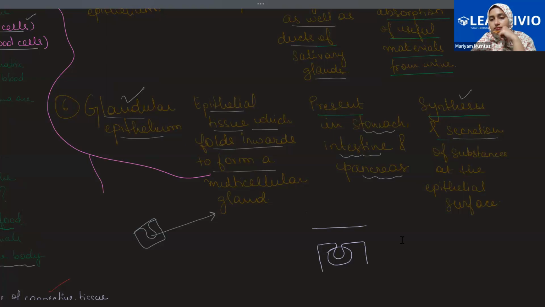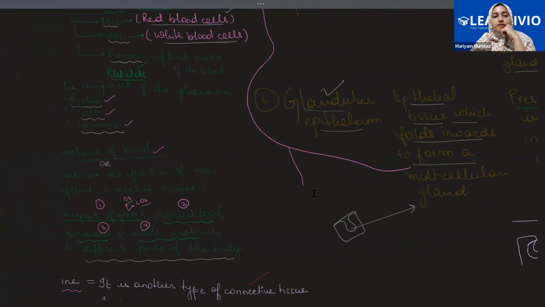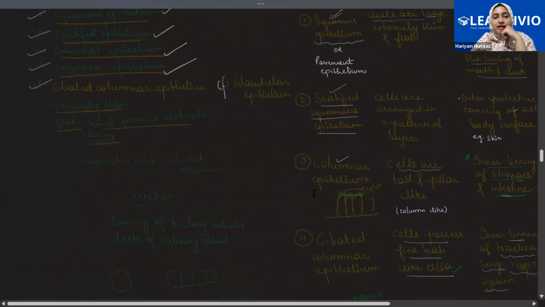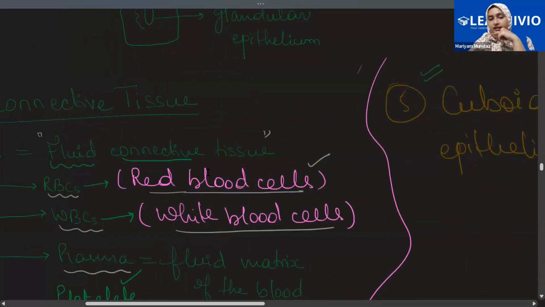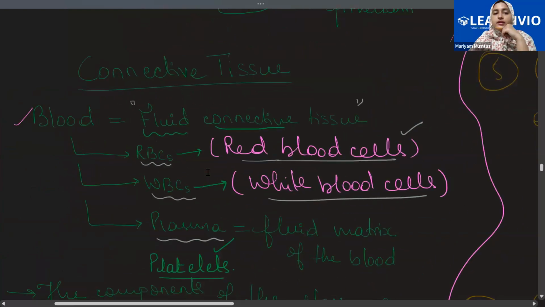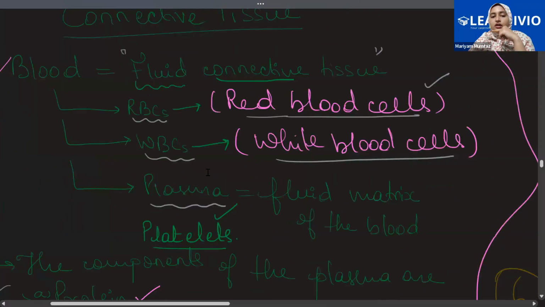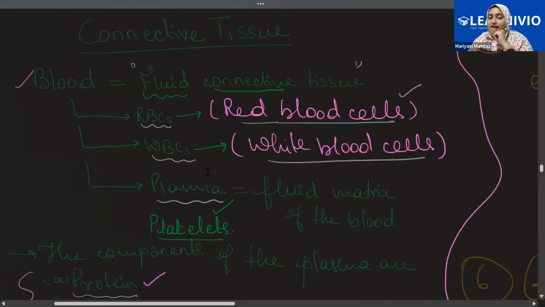No. Okay, good. So today we're going to start with the next type of tissue that is present in animals, and that is the connective tissue. Now, when we talk about the connective tissue, just like how the name suggests, a connective tissue will be responsible for connection, right? Variety of connections that can be formed inside the body.